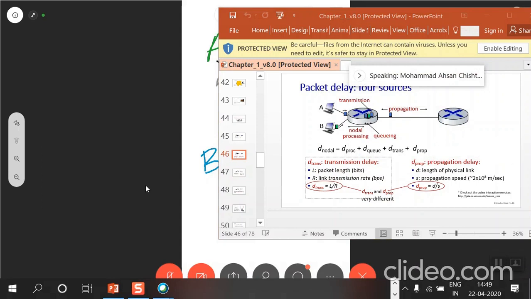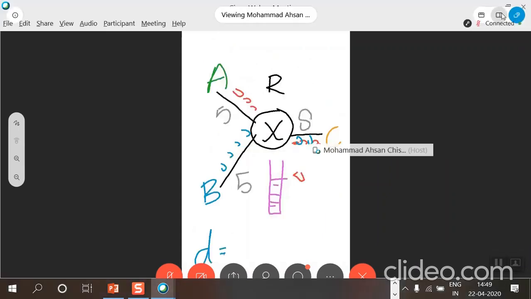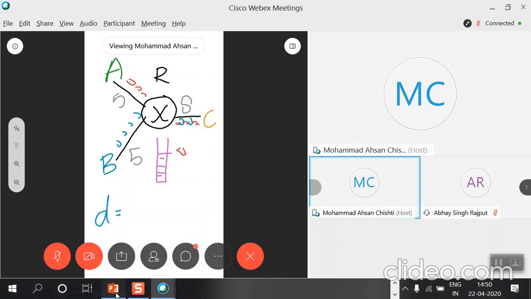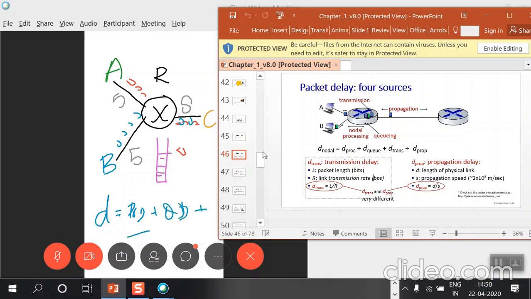The total delay is known as the nodal or total nodal delay, which is equal to the processing delay, I will write as PRD, plus the delay at the queue, QD, plus the transmission delay, TD, plus the propagation delay.